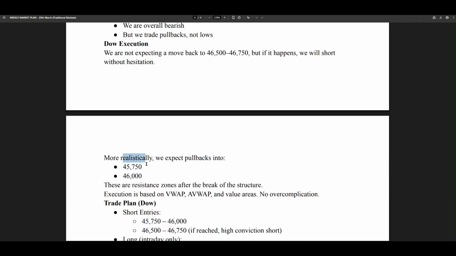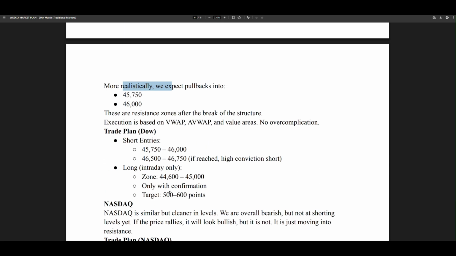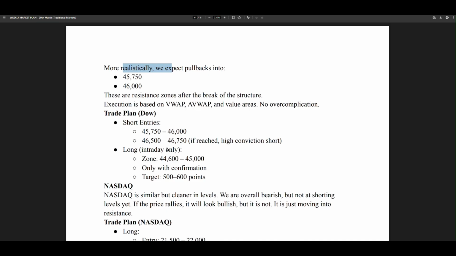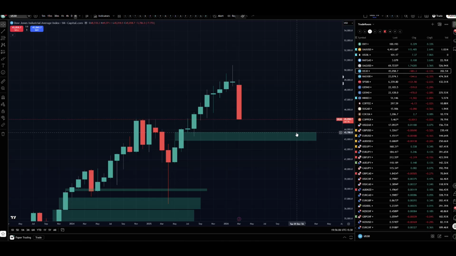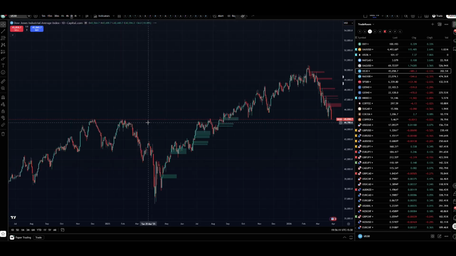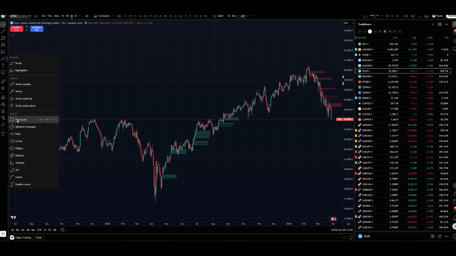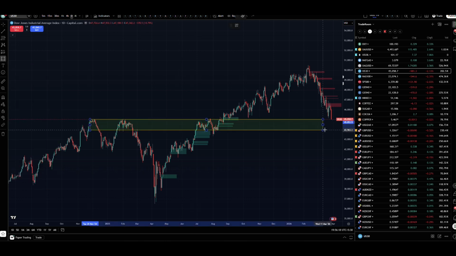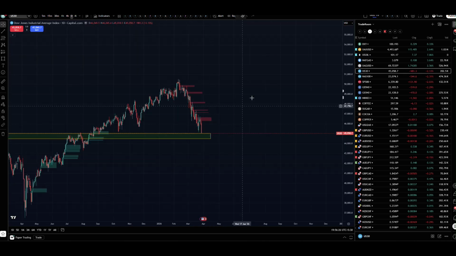More realistic pullbacks, more realistic short ideas. I'm not adding into the long idea, but I have mentioned this as a potential 44,600 to 45,000. So we are at 45,000, but even if we pull back a little into those areas, in these noise zones, so not expecting high lows, but anything in this area, if we do pull back into that, is an interesting kind of long.